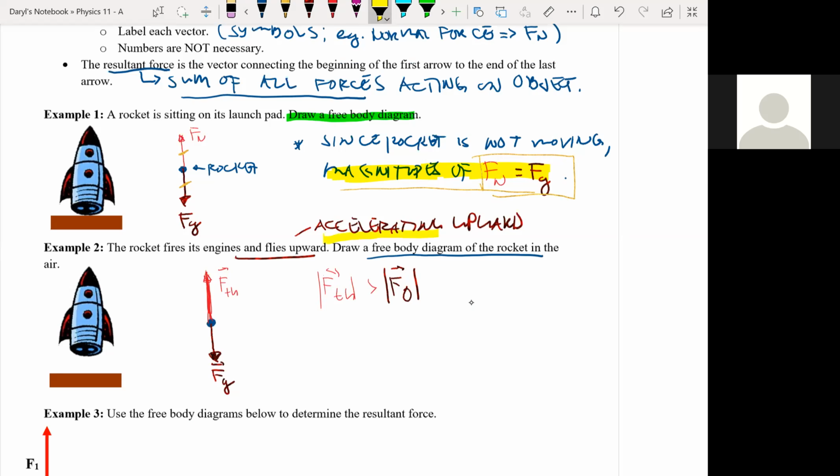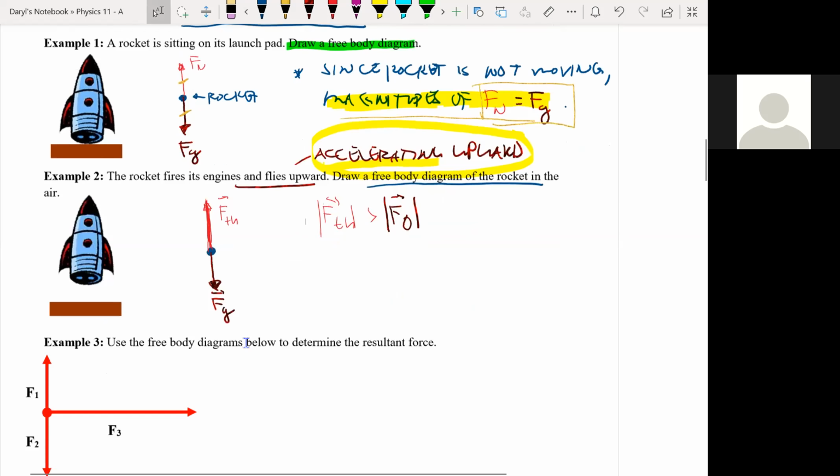Somehow, if the magnitude of your thrust force is equivalent to the gravity, it's no longer accelerating. It's moving at constant velocity. So let's just say that it's accelerating upward, so that would be bigger. Okay, thanks. You're welcome.